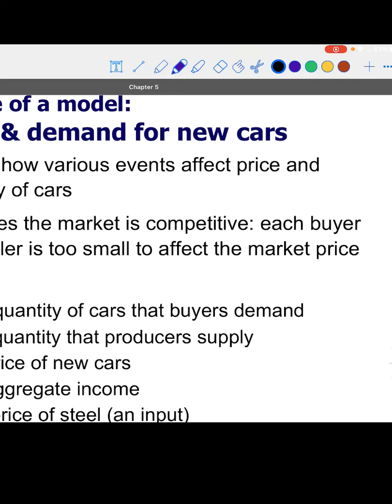The models that you've looked at in principles are pretty simple, with one of them just being supply and demand. Now, when we look at supply and demand, the one thing we realize is that there's lots of things going on that's going to impact the price. It's not just one thing.